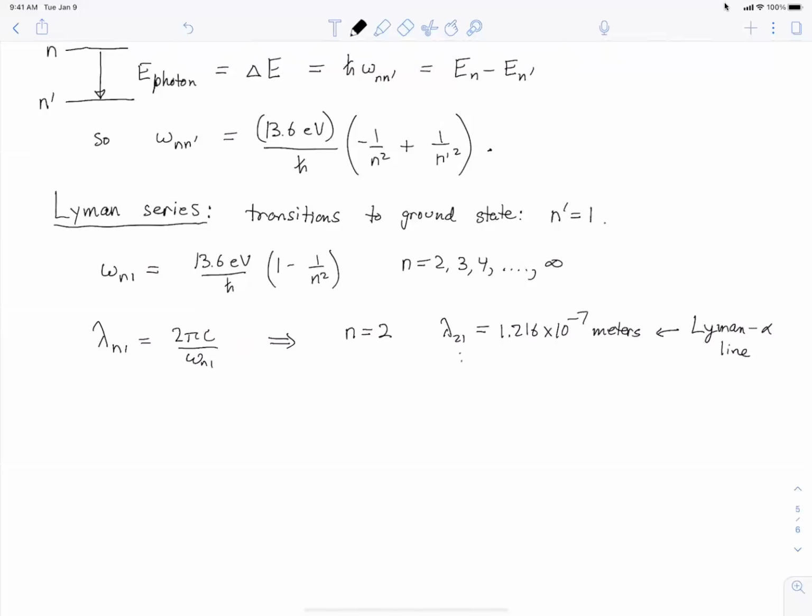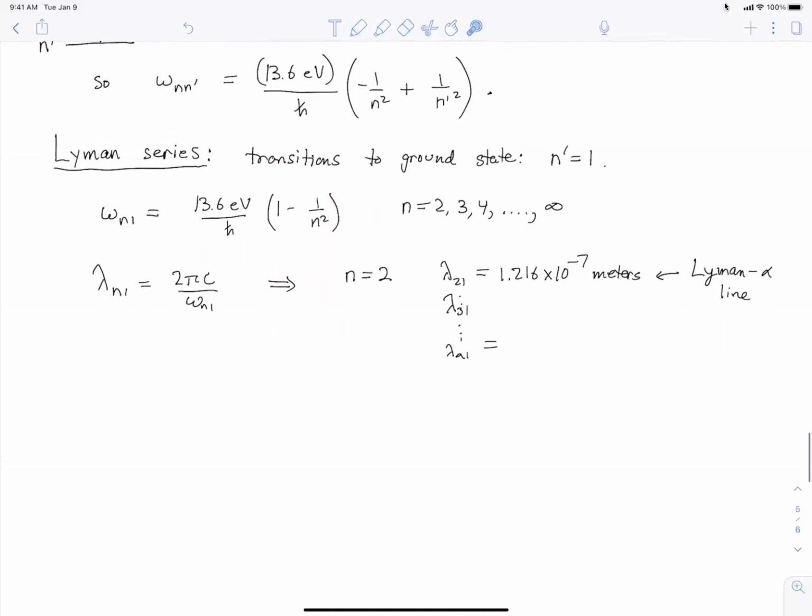And then you can do lambda 2,1, lambda 3,1, up to lambda infinity 1. And when n becomes very large, this factor right here is just getting very small, so it doesn't matter too much what it is. And you start to approach a limit of what the angular frequency and the wavelengths are for very large n, and that turns out to be about 9.118 times 10 to the minus 8 meters in wavelength.